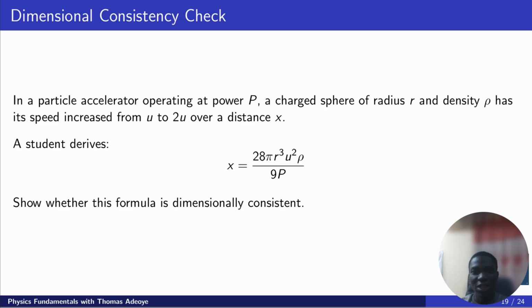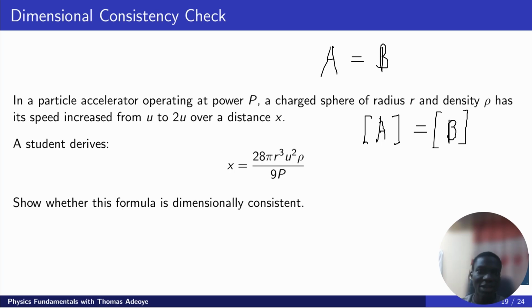According to the principle of homogeneity, if we have an equation that says a equals b, then the dimension of a must be equal to the dimension of b. That means the dimension of this x must be equal to the dimension of everything that we have here. So let's use the next page to solve, so that we have a fresh page for solving.